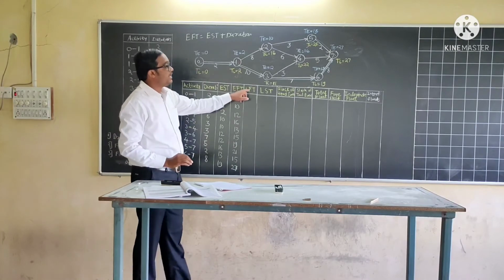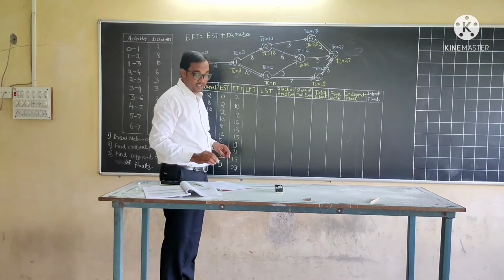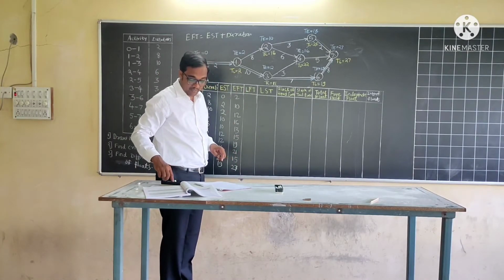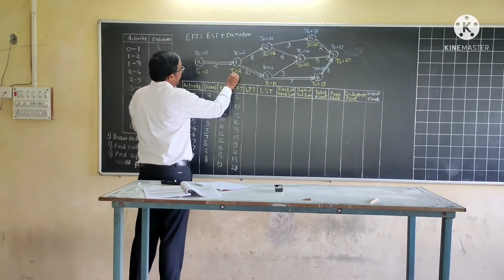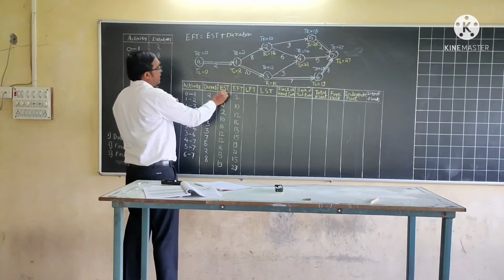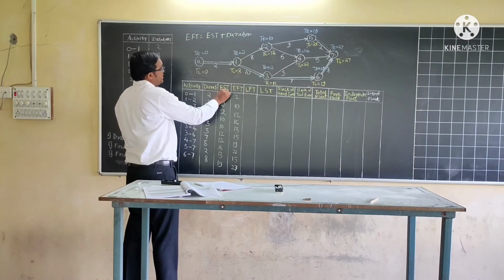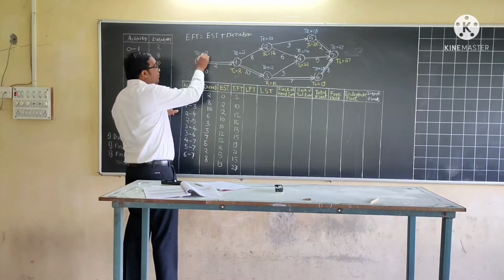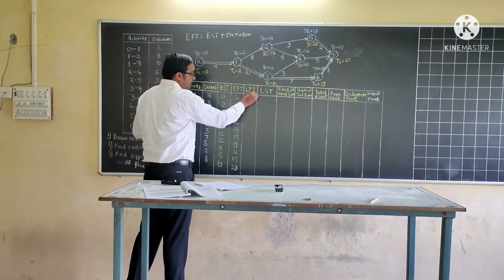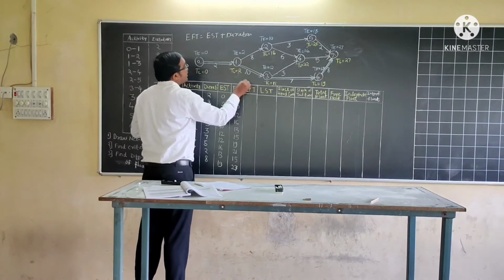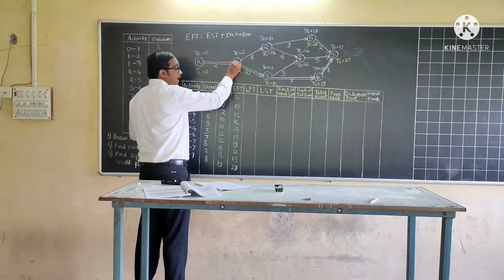So now latest finish time. When we talk about latest finish time, we need to consider the value of TL. Previously for EST, we considered the TE value of the starting activity. Now for LFT, we will consider the TL value of the ending activity.